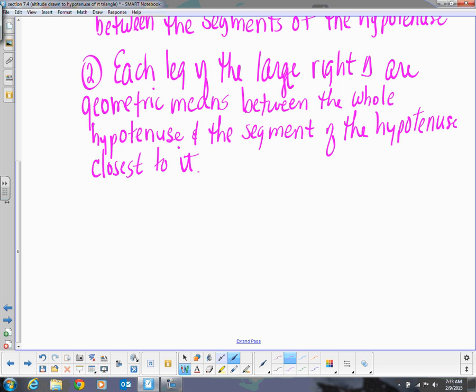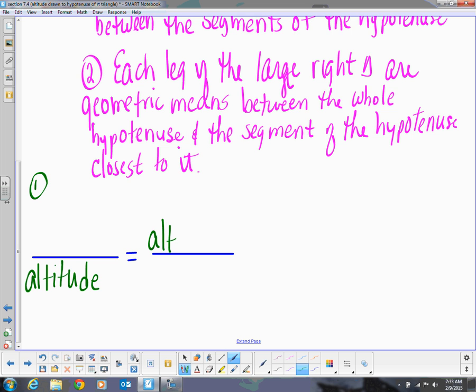Years ago, when I taught this course, this is how I made it simple. This is the first one in a form that's more usable. The altitude is the geometric mean, which means it goes in the geometric mean position of the proportion.